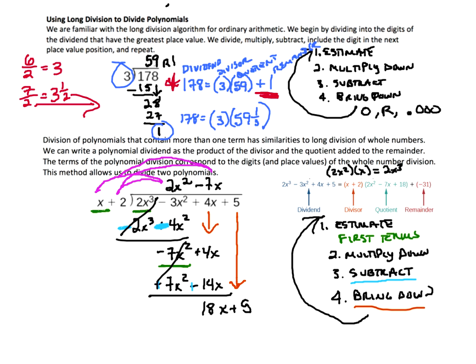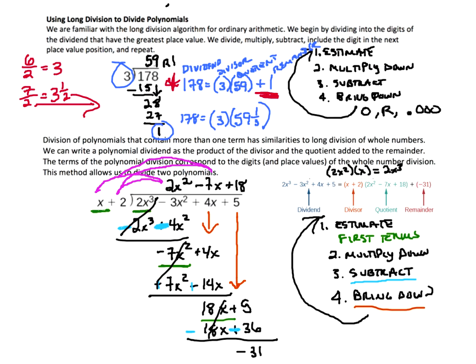Now, the last time through, I'm once again focusing on first terms. What do I need to multiply x by to make 18x? And that is positive 18. 18 times x is 18x. 18 times 2 is positive 36. I change my signs because I'm subtracting. And I end up with a remainder of, looks like, negative 31.